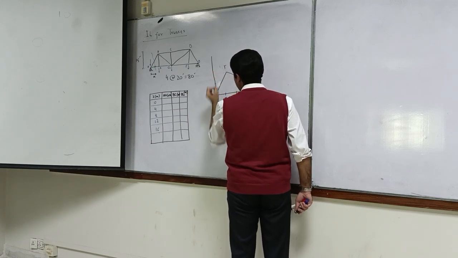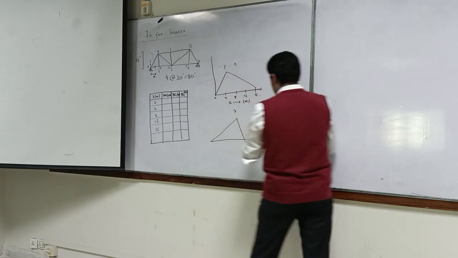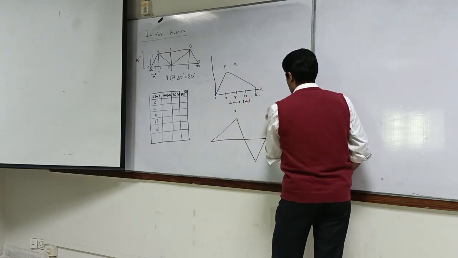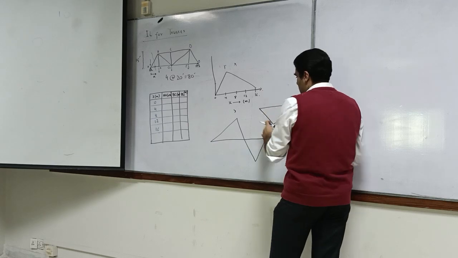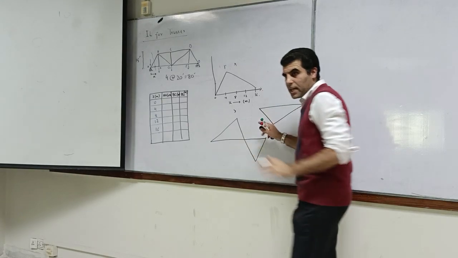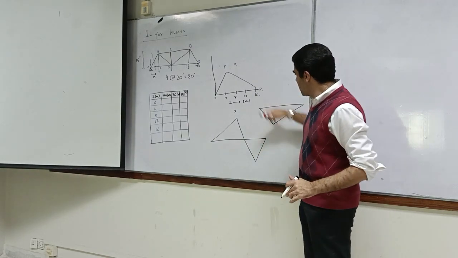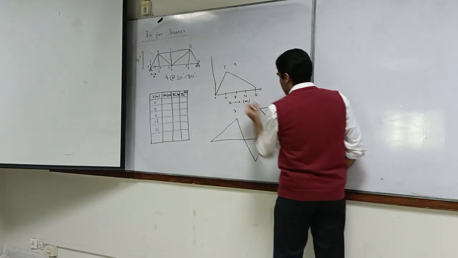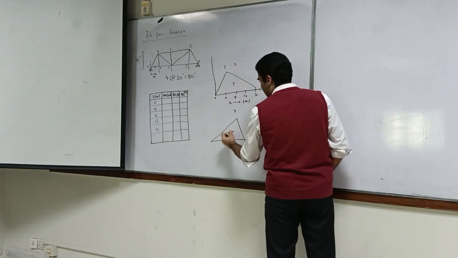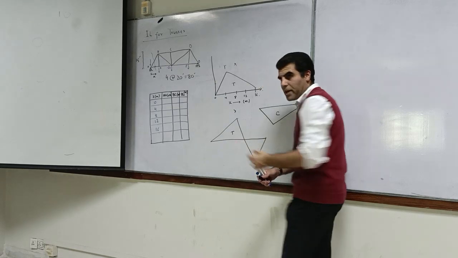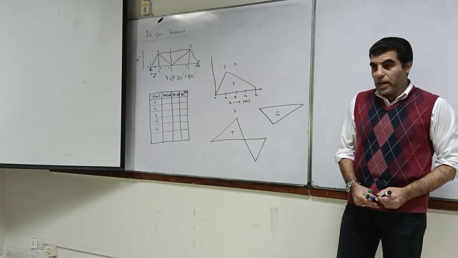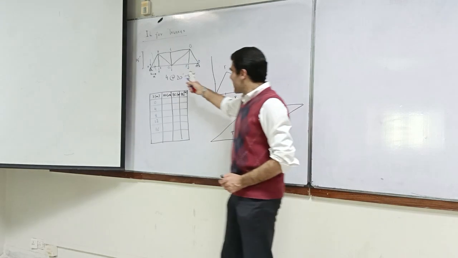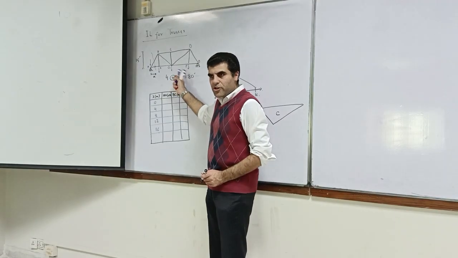This can be tension, and the compression one can be something like this, depending on where this is. So this is going to be the compression one, this is going to be the tension, and for the brace you will see that there will be a drop down like here. That's how you draw.